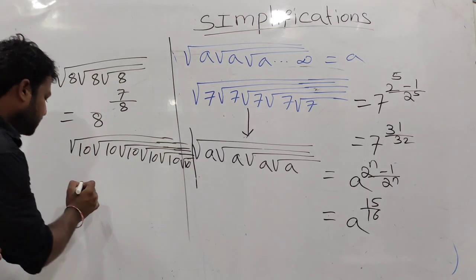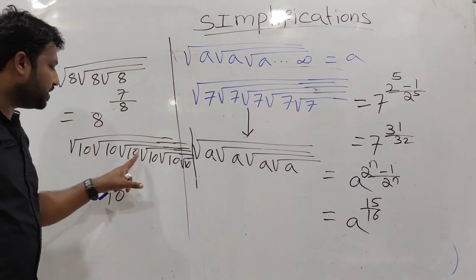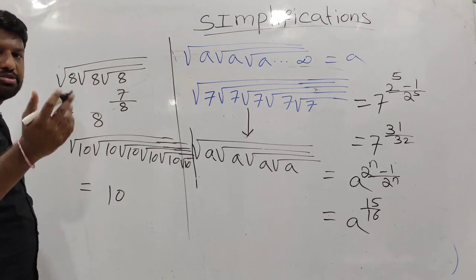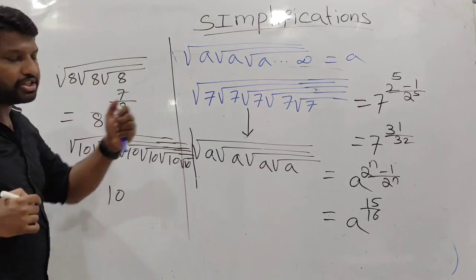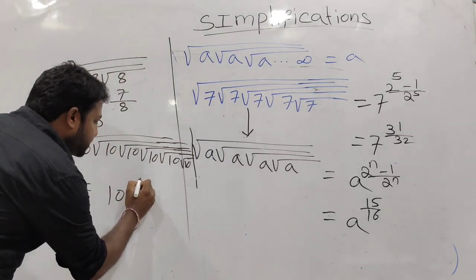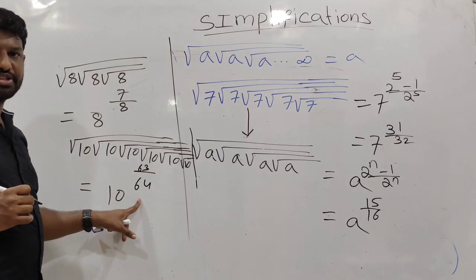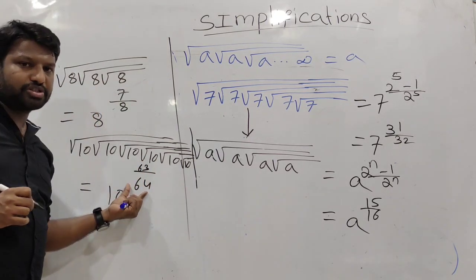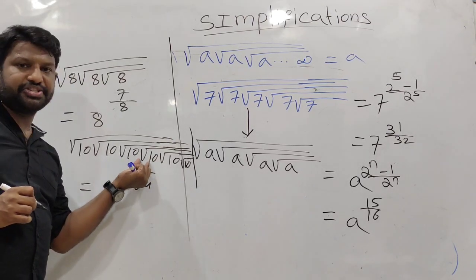So directly how do you write? 10 to the power of, how many terms are there? 6 terms. So 2 power 6. What is the value of 2 power 6? 2 power 5 is 32, 2 power 6 is 64. So 10 to the power of 63 by 64. In the denominator write 2 power 6, which is 64, and minus 1 gives 63.